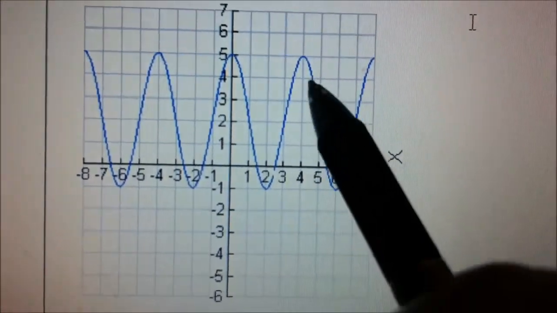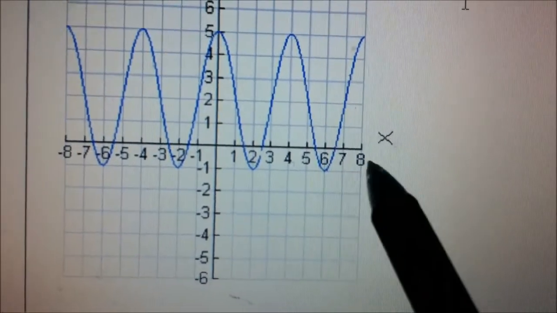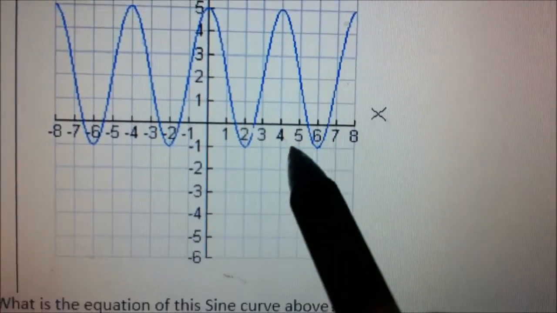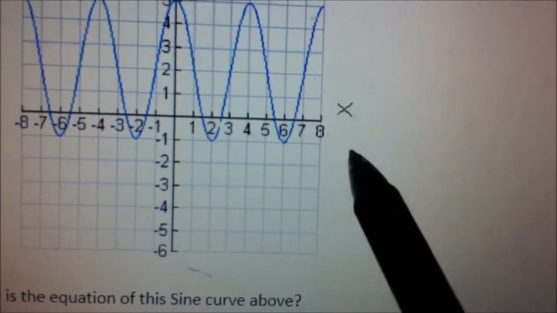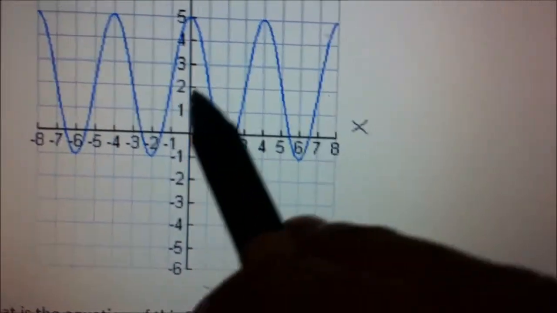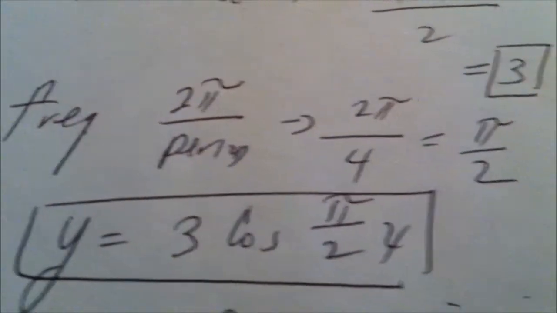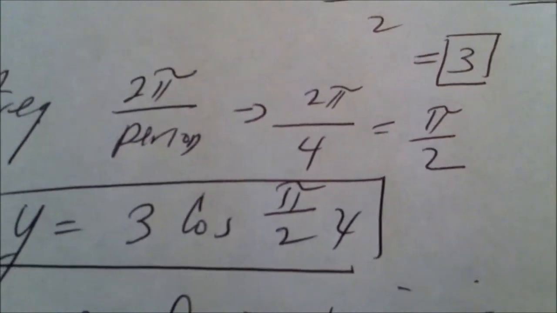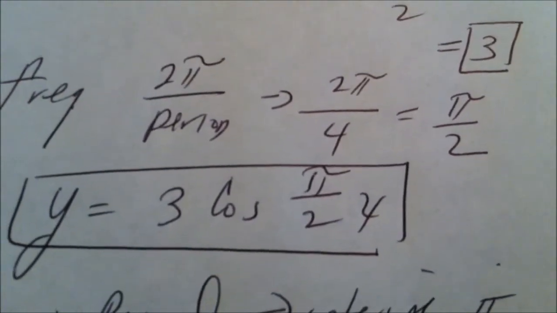So we can see that the cycle ends at 4. There is no 2 pi here, so I have to use 2 pi divided by the period to get my frequency. If you said the frequency was 2, you'd be incorrect, because I don't see a 2 pi here. So you have to do 2 pi divided by the period of 4, and I get that the frequency is pi over 2.